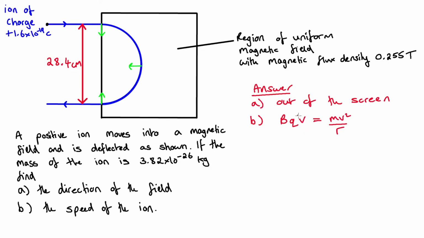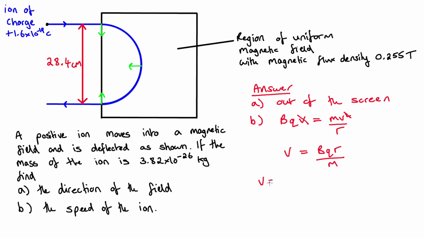What we can do is cancel one v with the other, and if we rearrange, v will equal BQr over m, and so we have the numbers to put into that.